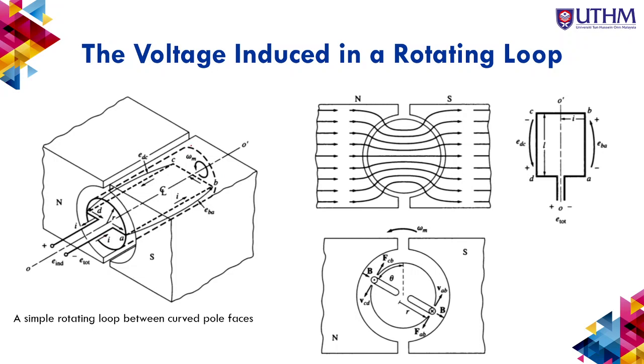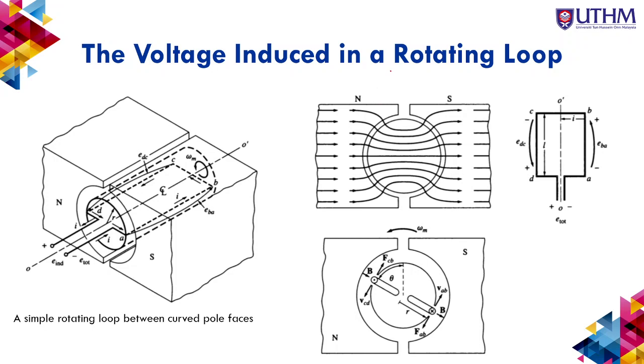So what happens when the coil, or the rotating loop, rotates inside the magnetic field? We have a permanent magnet over here, with the north pole and also the south pole. The direction of the magnetic flux from north to south is not just a straight line.